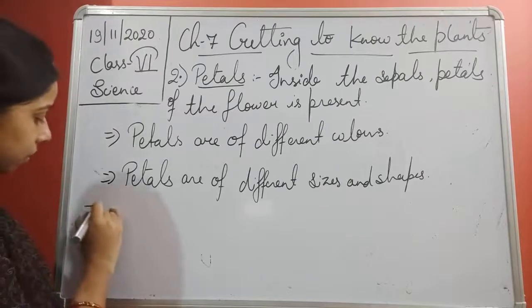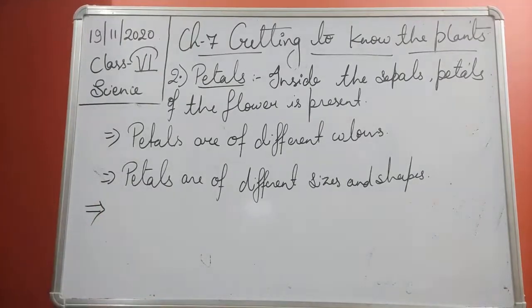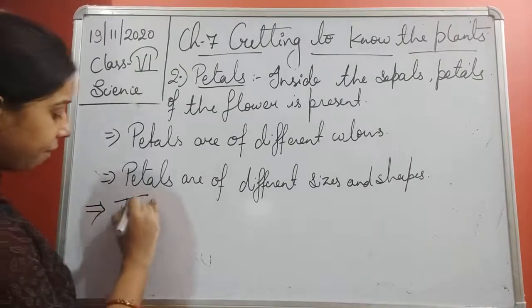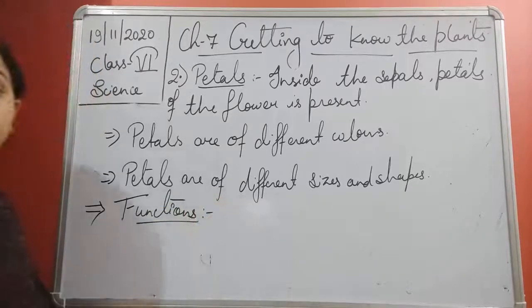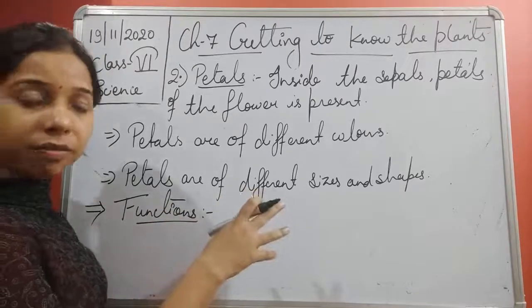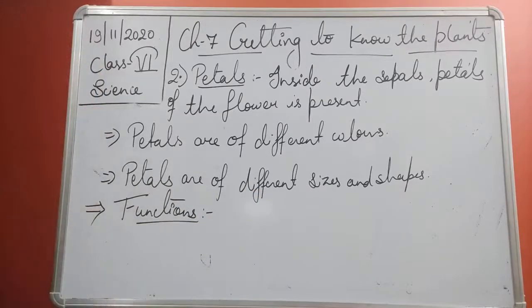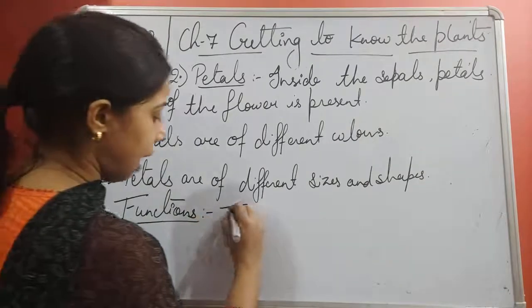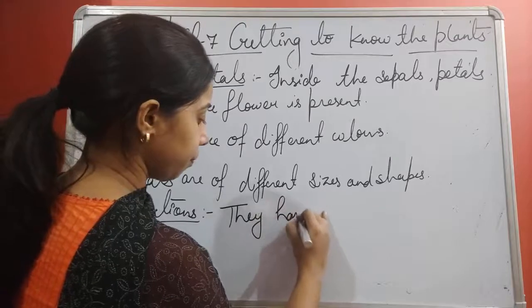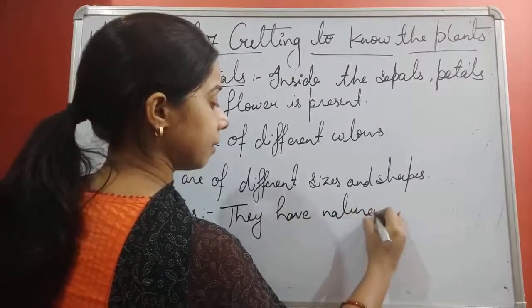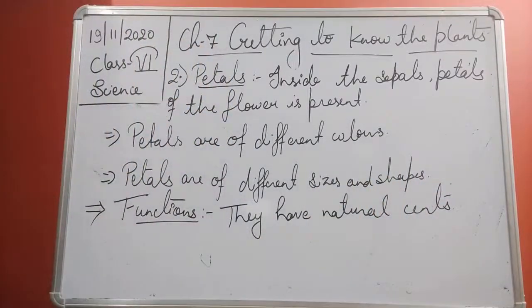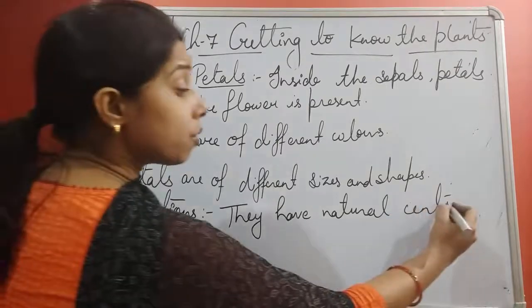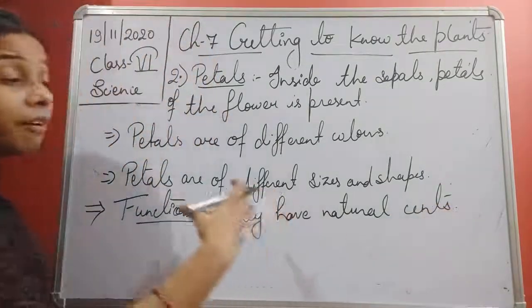Now this is about the petal. Now what we have to understand is the function. What is the role of petals? They are the brightly colored part, so there must be some function of this part of the flower. The first thing is that they have natural scent. What is the meaning of scent? It means fragrance.